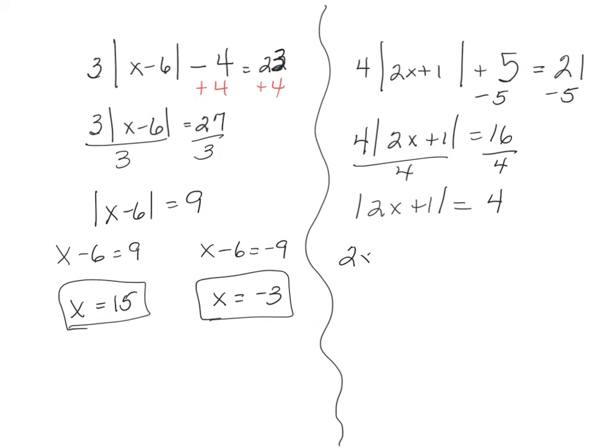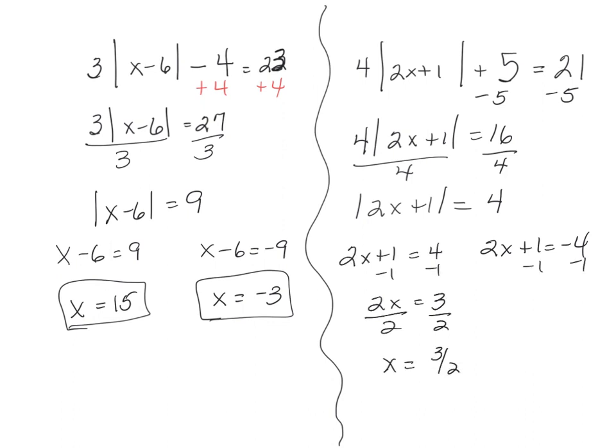Set up your equations. The positive and the negative. Subtract off 1 and divide by 2. Subtract off 1, divide by 2.